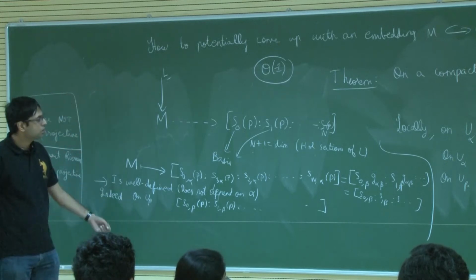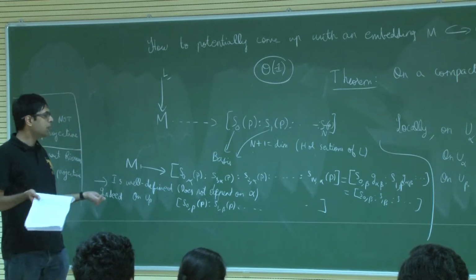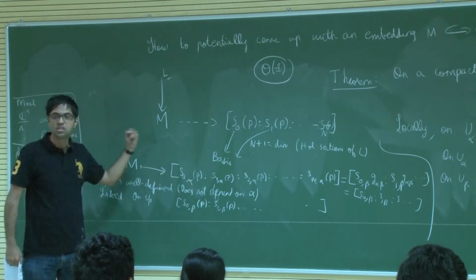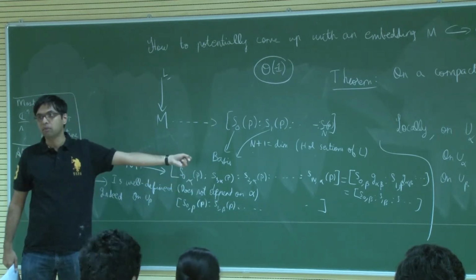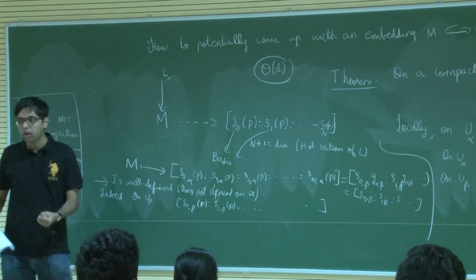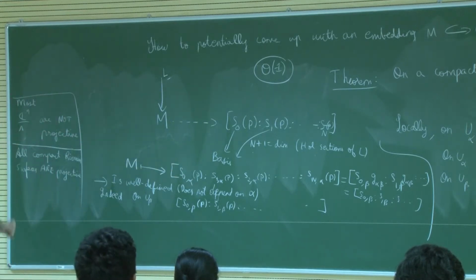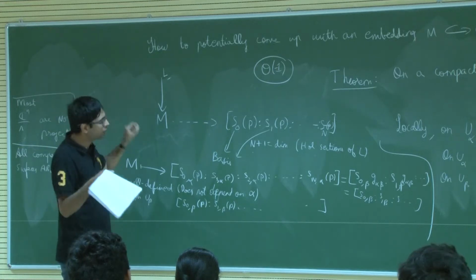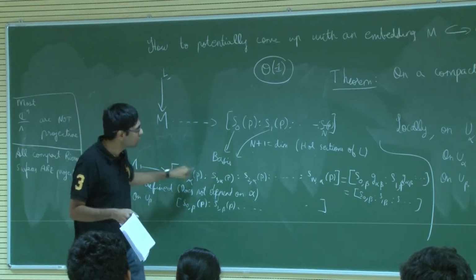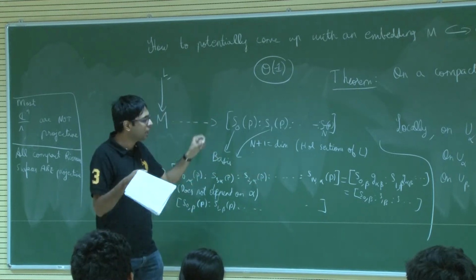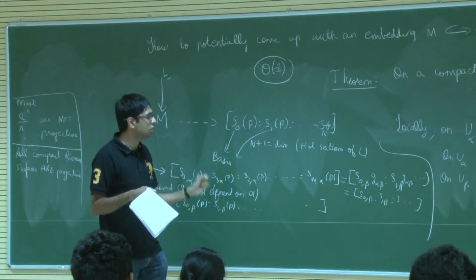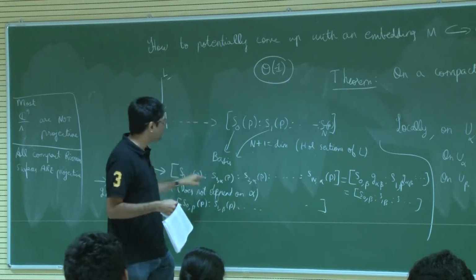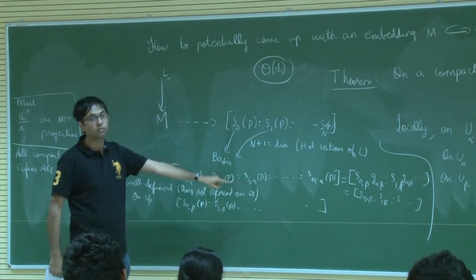The next order of business is to hope that this is an embedding, as in this should be one-to-one and its derivative should be injective, right? So already we can see that the obstruction is finding a line bundle that has enough sections for this to make sense, namely at every point one section at least should not vanish, and this should be one-to-one, and the derivative should be injective.